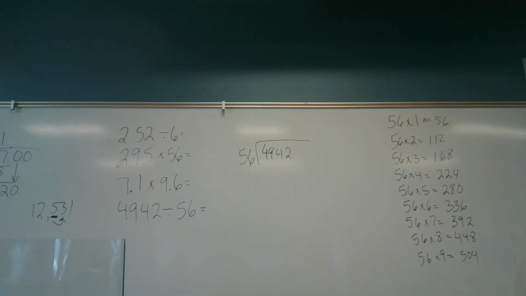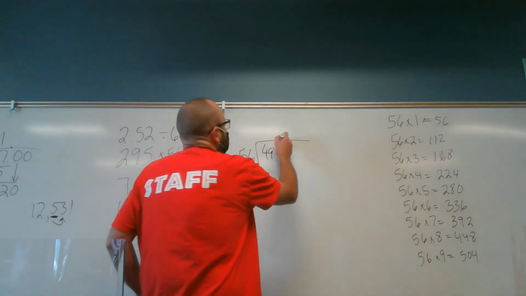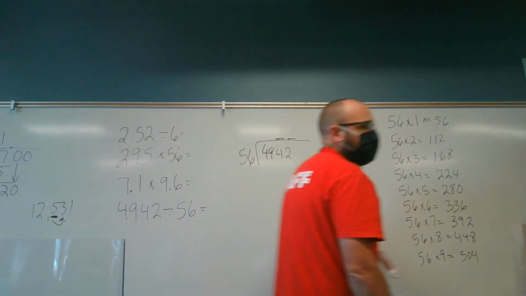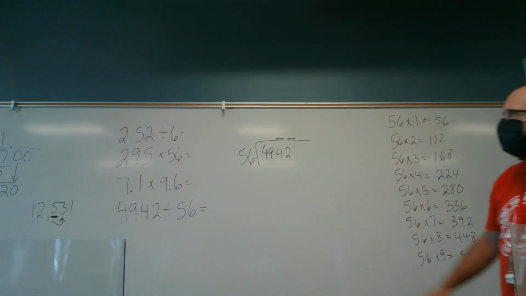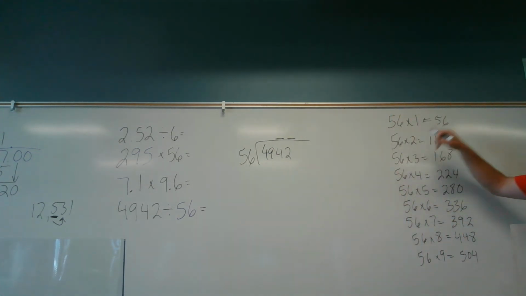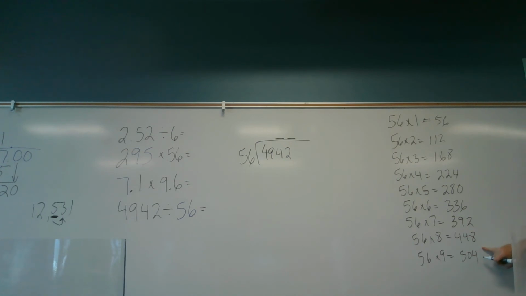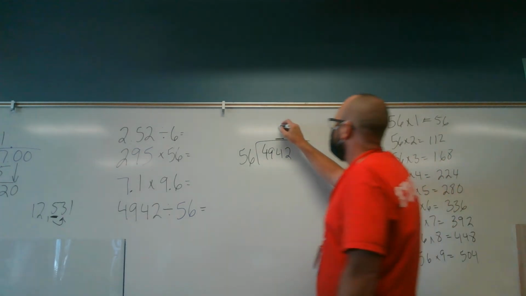No. Does 56 go into 494? Yes. Which means my quotient is going to be 2 digits, probably with a remainder. How many times does 56 go into 494? 8. 8 times 56 is 448.